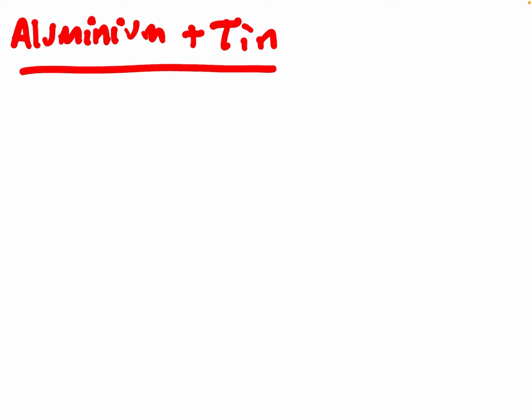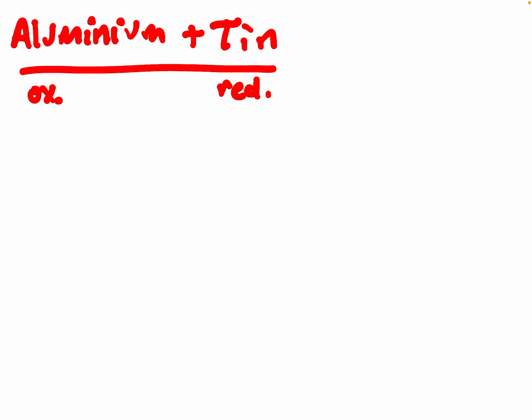Okay, so aluminium is higher than tin. So aluminium is going to be the one that's oxidized. Tin is going to be the one that's reduced.